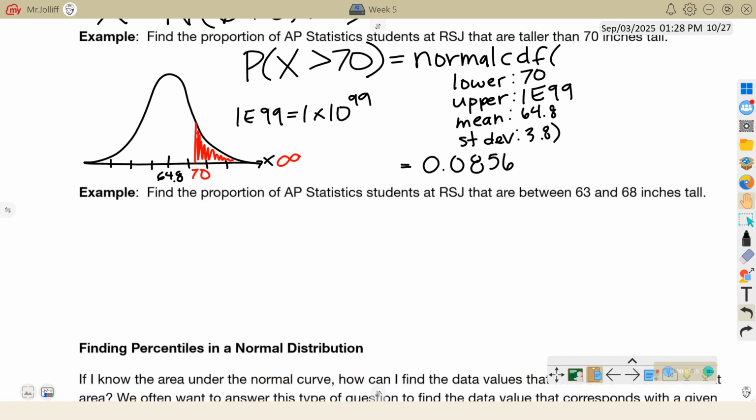Next one says, find the proportion of AP statistics students at Rancho San Juan that are between 63 and 68 inches tall. We're going to go faster. Same process. I'm drawing my normal distribution, labeling my mean, going out 3 standard deviations in either direction.